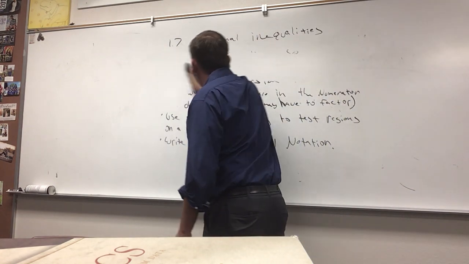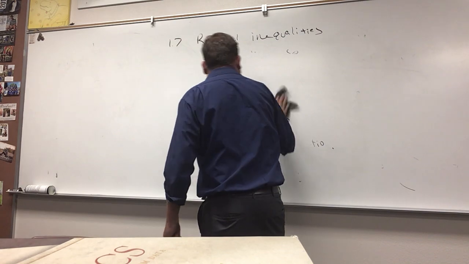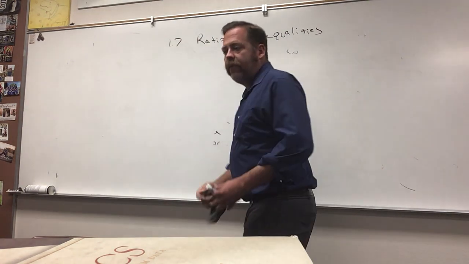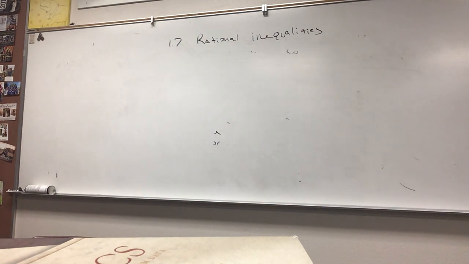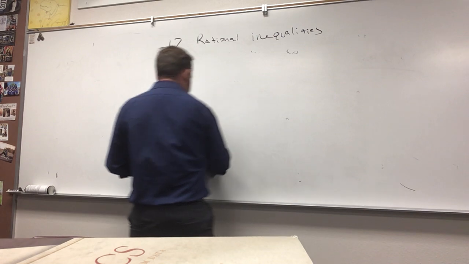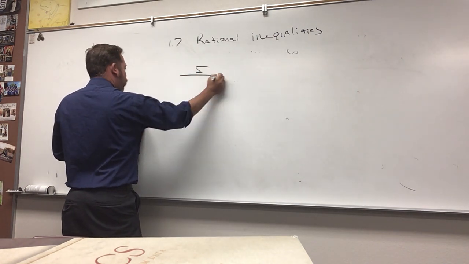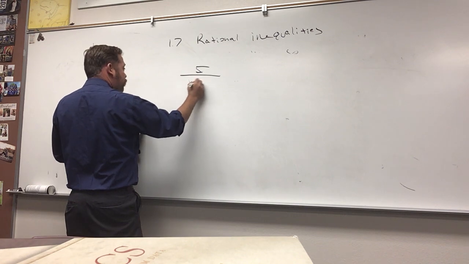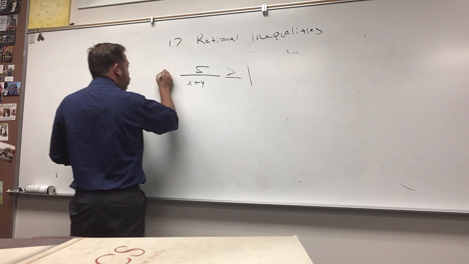And then let's try one. These are pretty neat. Let's try a couple. All right, the first one, these can be tough. So let's say I have 5 over x plus 4 is greater than or equal to 1.